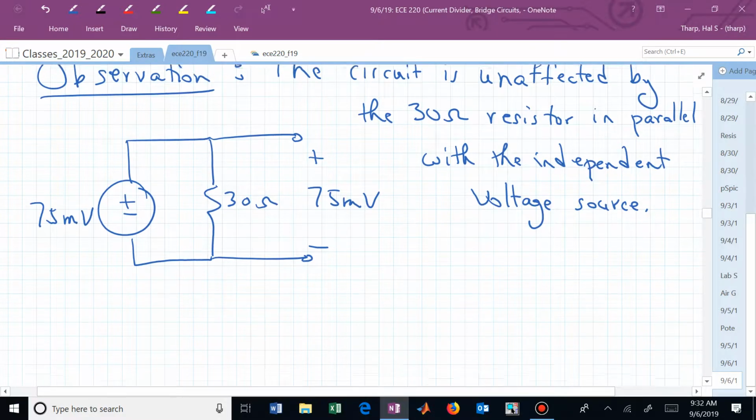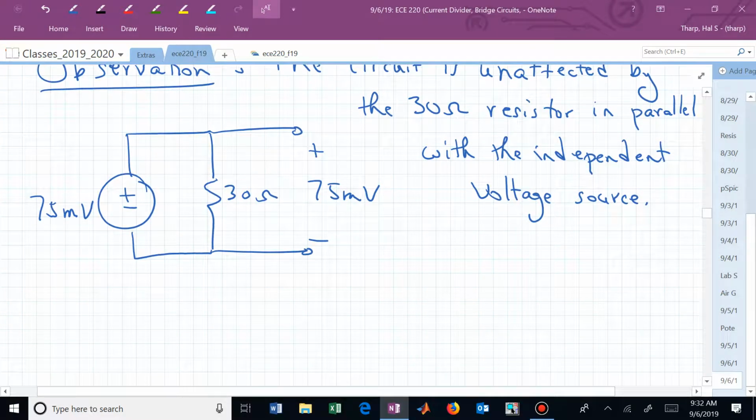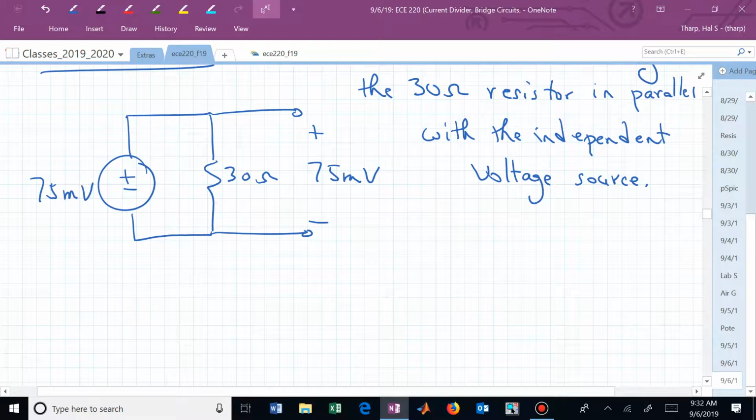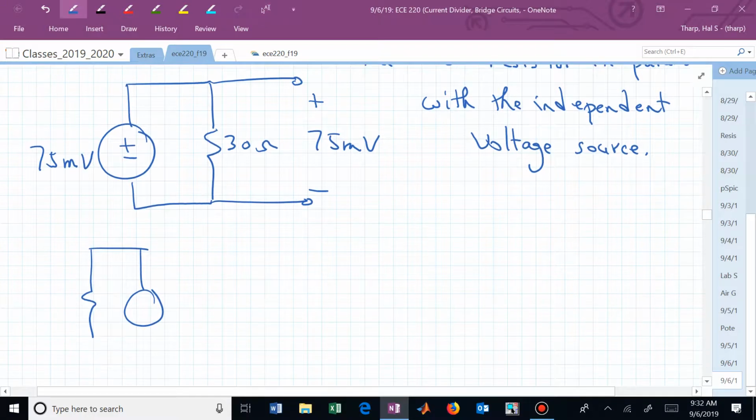And so now we could really just say, well, we now have this scenario. Or is it okay if I just put it on the other side if that sort of messes up our thinking? They're in parallel, whether they're on the left or the right, it doesn't matter. Here's plus 75 millivolts. Here's the 30.